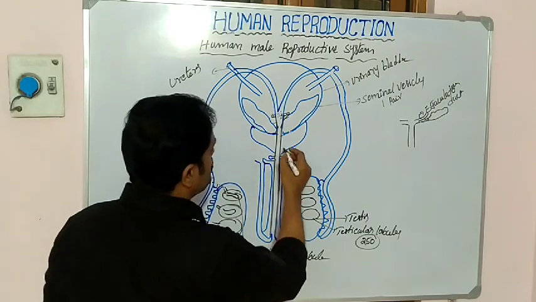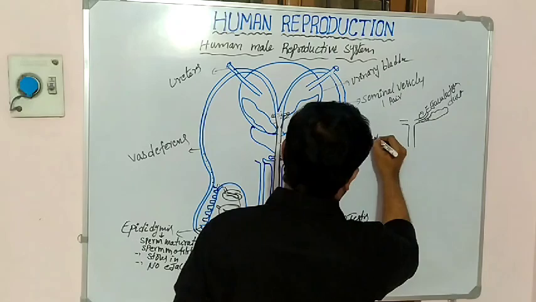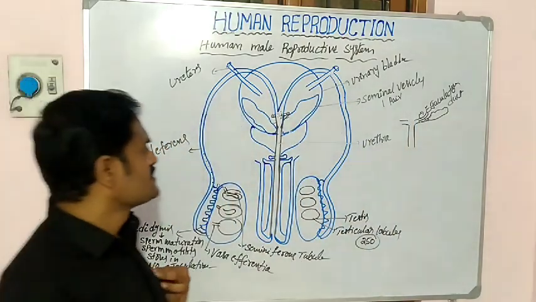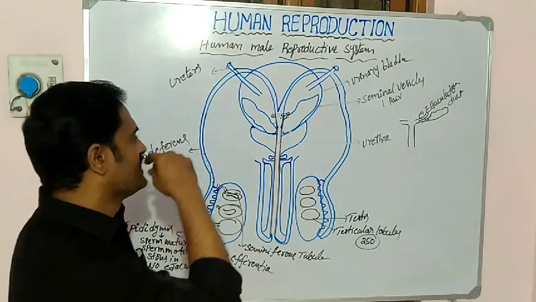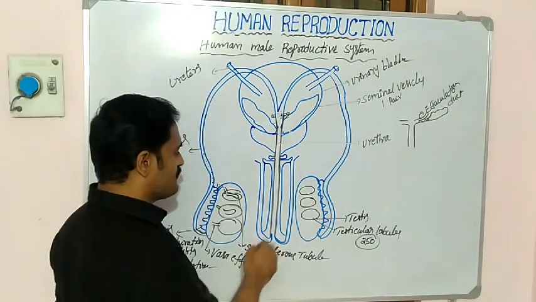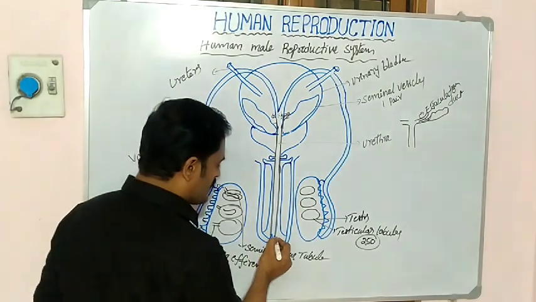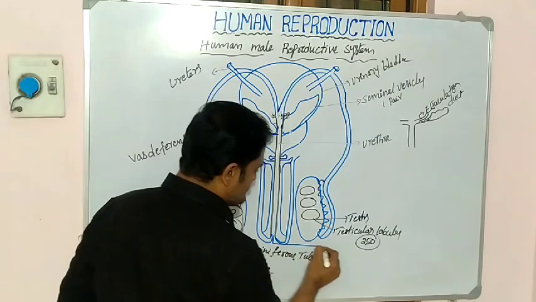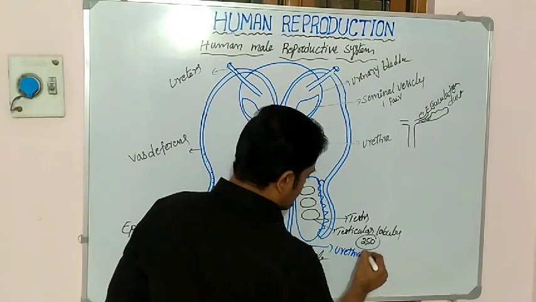This is called the urethra. So this urethra continues and finally opens as one opening. It has one opening here. This is called the urethral meatus.